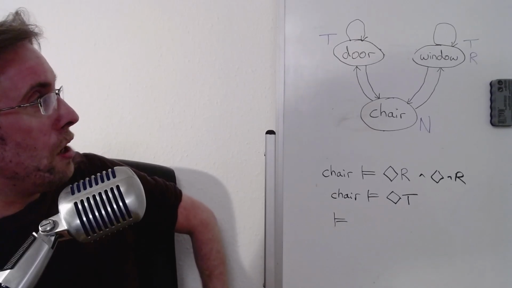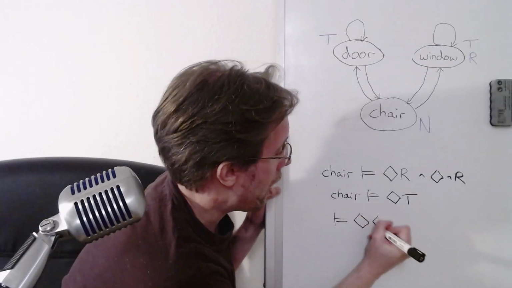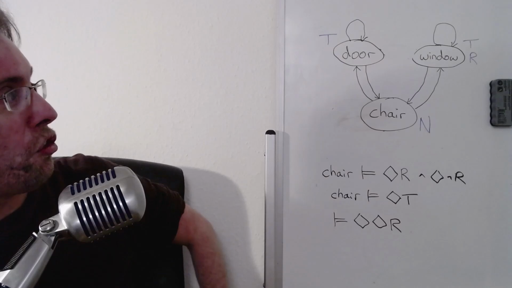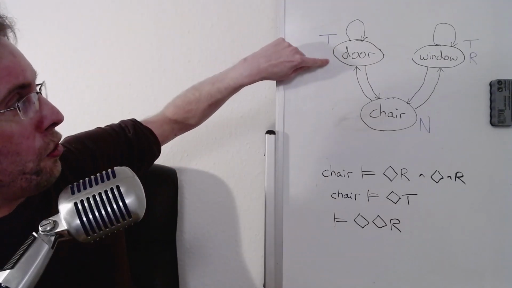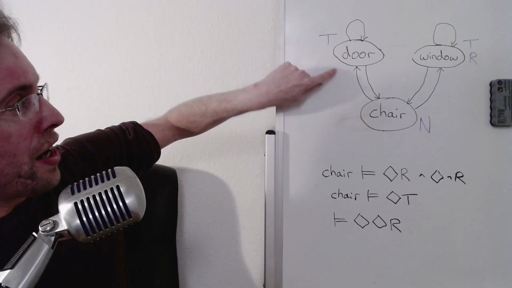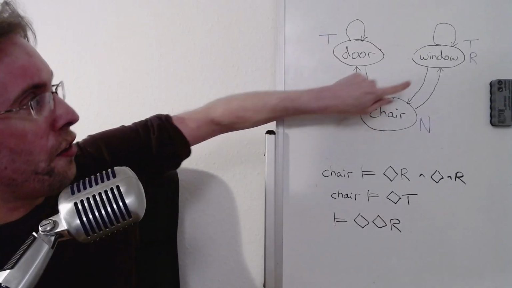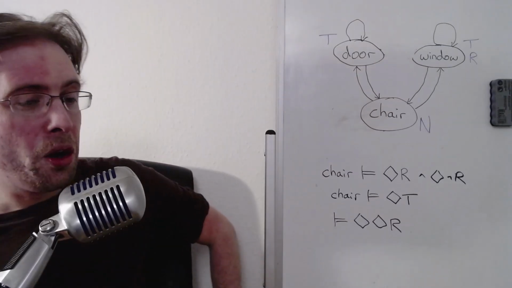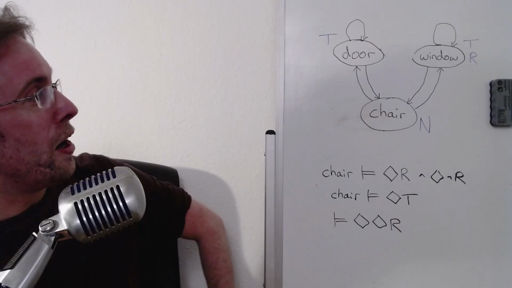But actually, it is true that diamond diamond R is true at all three states. So it is true at door because it is possible to find an accessible state chair, from which it is possible to find another accessible state, window, where R is true.